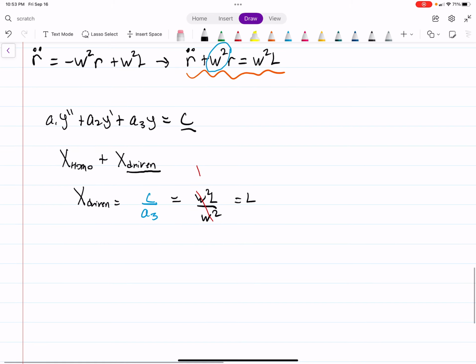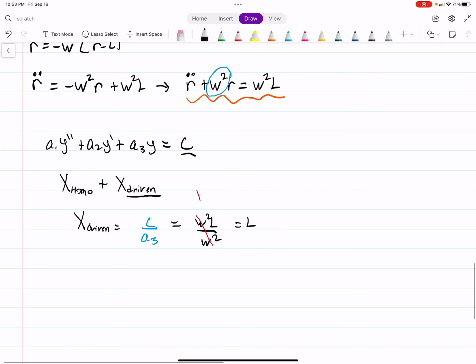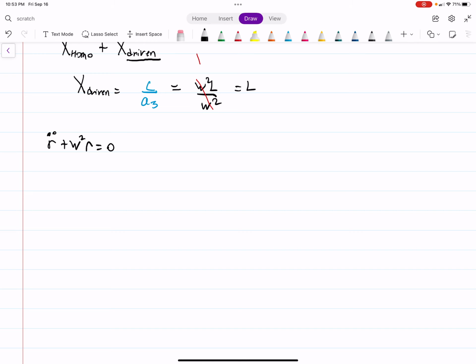Next we want to solve the homogeneous part. The way that we do that is we basically pretend that there is no constant term, so we set this equal to 0. And the way that you solve this one is you just solve the characteristic equation.